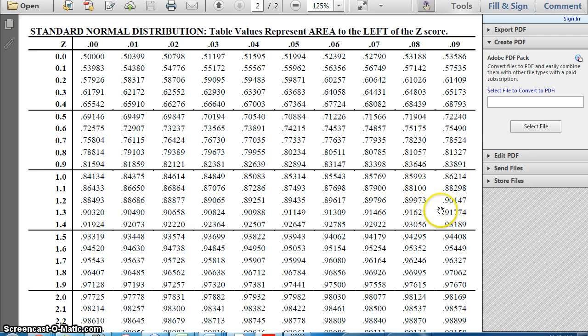I can see right here that I have two values. It goes from 0.89973 to 0.90147. So I don't get exactly 0.90, but it falls somewhere in between there. So I'm going to say the z-score that is associated with 90% of the area falling below is 1.2, and then if we scroll up about in between 0.08 and 0.09, 1.285.